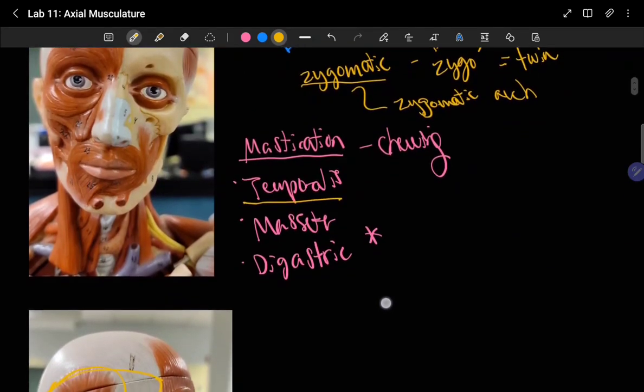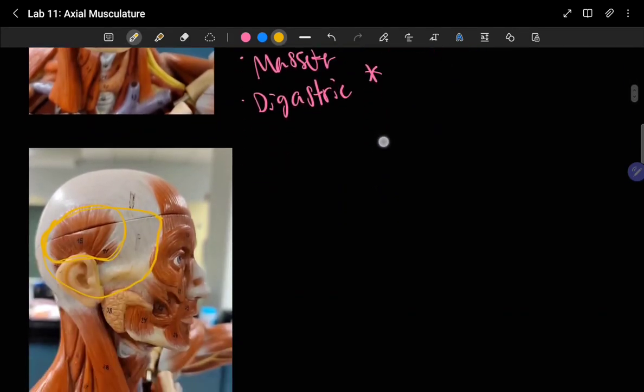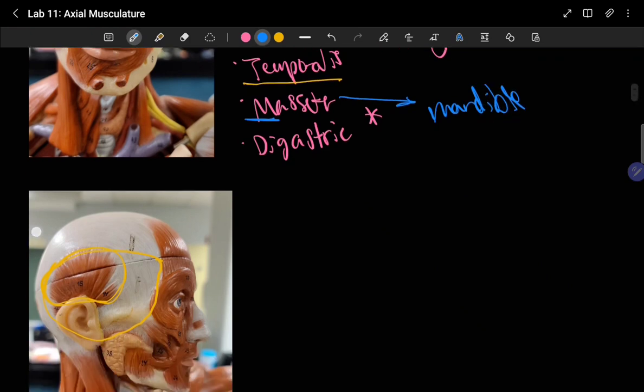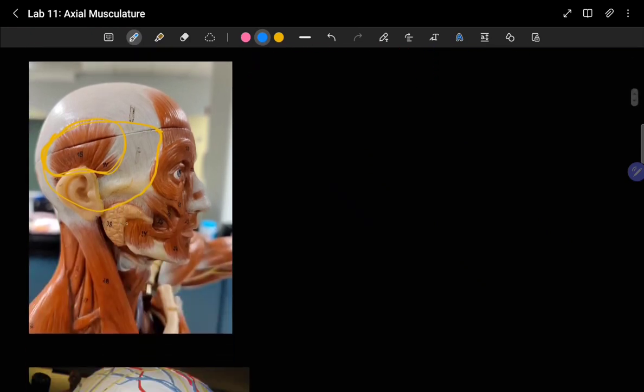Masseter is associated with the mandible, and this one is really thick. It's one of our most powerful chewing muscles. So one way that might help you remember that is you see M, think mandible. So we're going to be looking in that region for the masseter. And that is going to be this guy here, masseter.